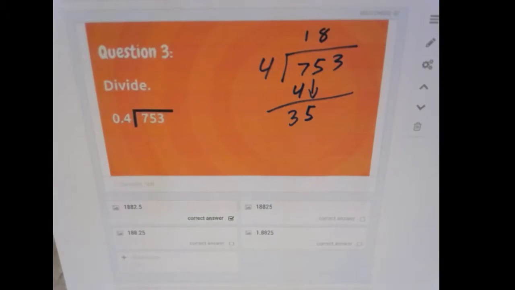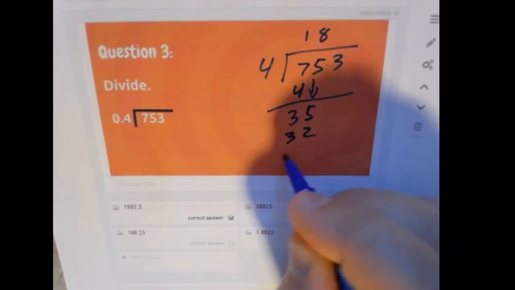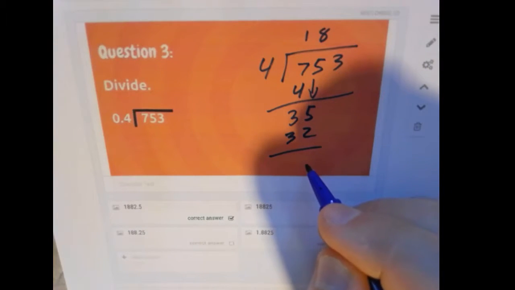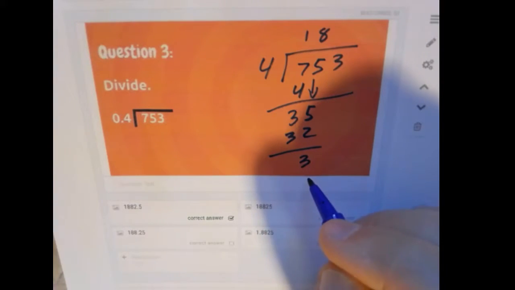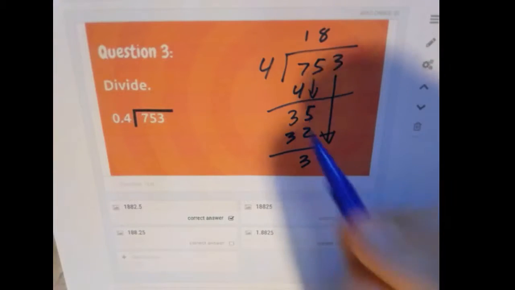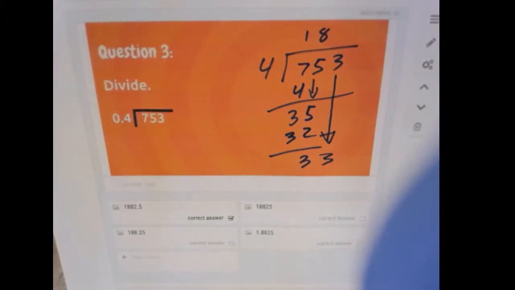Okay. What about 4 times 8? What do you think? So we have 4 times 8 would be 32, of course. And what is our difference? So 35 take away 32 would be 3. Does 4 fit into 3? Not quite. Let's bring down the 3. How many times does 4 fit into 33?